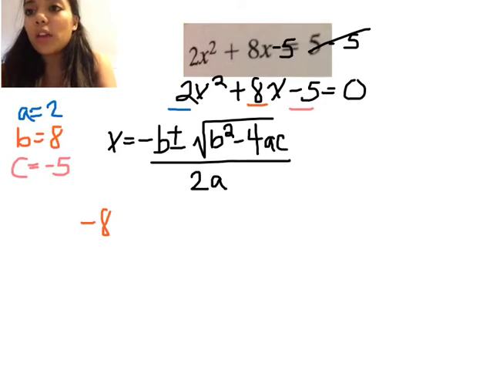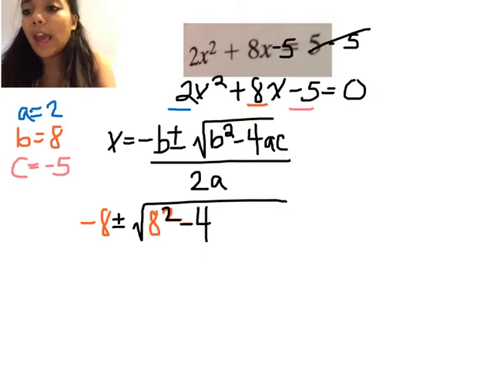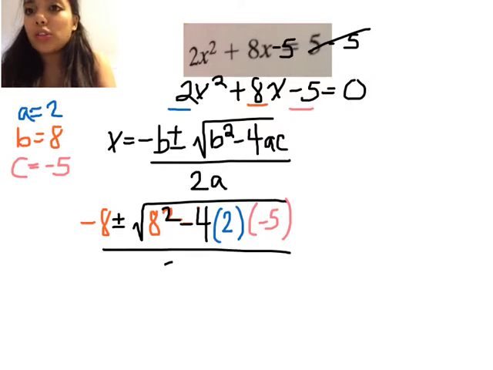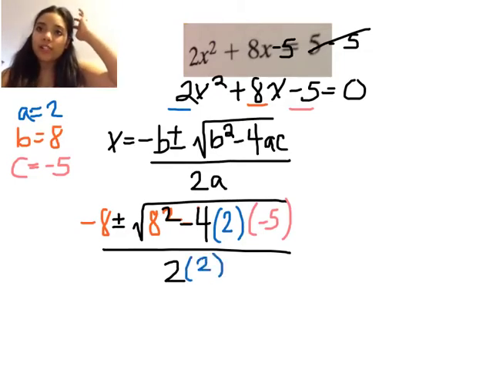Plus or minus the square root of b squared minus 4ac all over 2a. Don't be jealous of my singing voice.